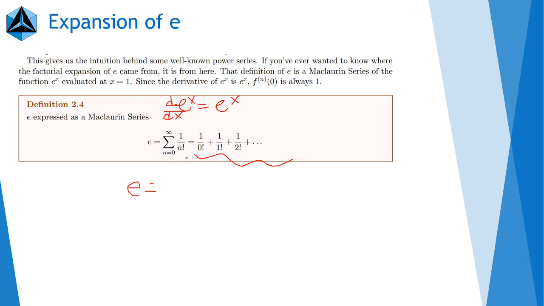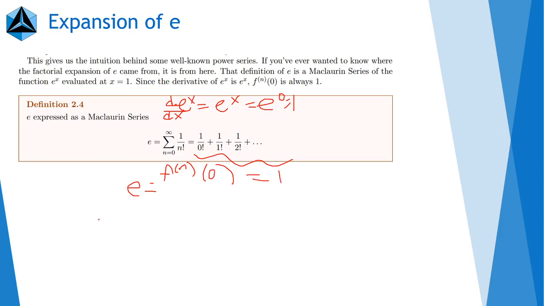Since a Maclaurin series is a Taylor series with center 0, when you evaluate the nth derivative of e to the x at 0, that's e to the 0. It'll give you 1. It'll always give you 1. No matter what order derivative it is, it's always going to be e to the x, so that is equal to 1.